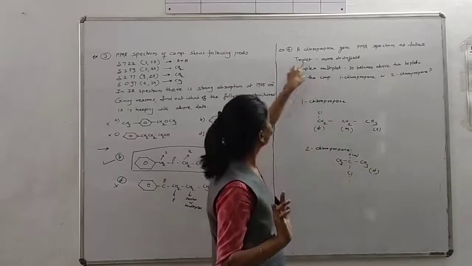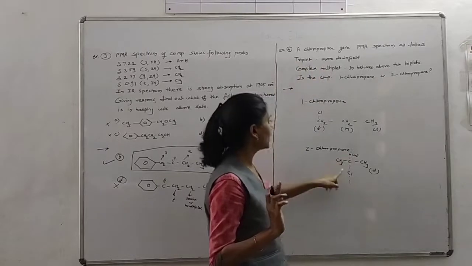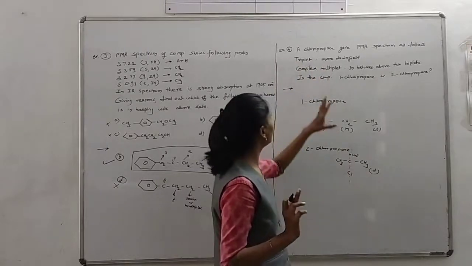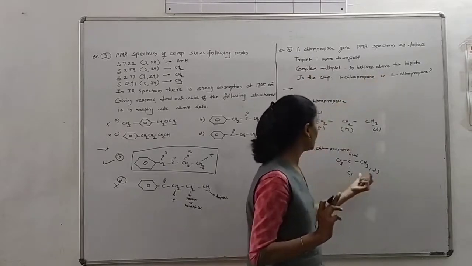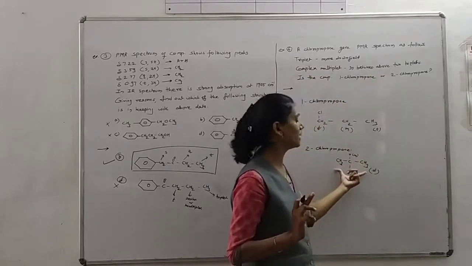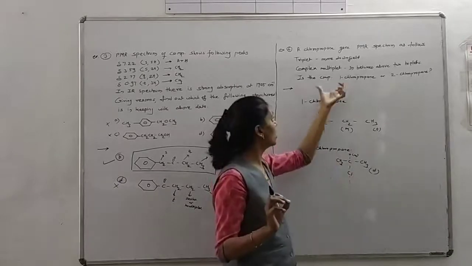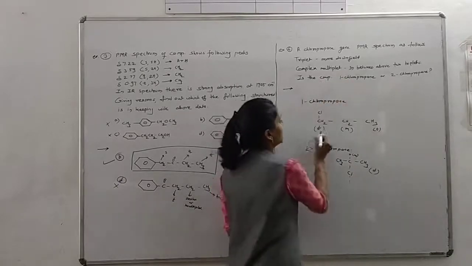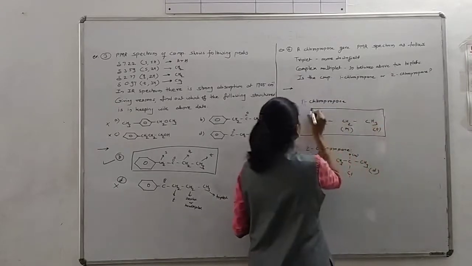And one thing is again, triplet is more downfield. Here there is no triplet, and the multiplet must be in between the two triplets. Here the multiplet is not in between the two triplets. This example does not satisfy the above condition, but this one satisfies it.